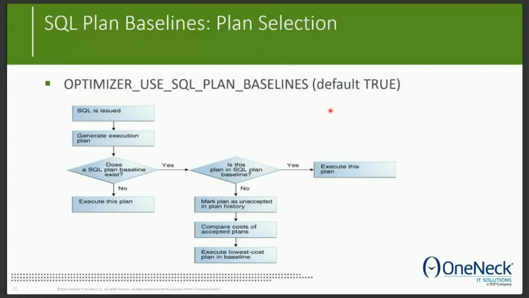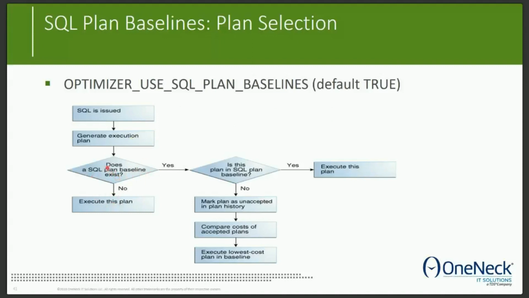So this is the SQL plan baselines. Just quickly, how the plan baseline works. If you have enabled SQL plan baselines, the optimizer uses them. Once the execution plan is generated, it will check if a SQL plan baseline exists.